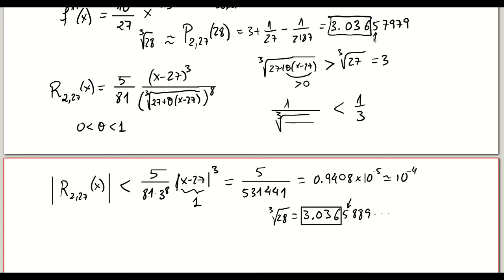It could be tainted, because the error is affecting almost the fourth figure, right? But it's not. So we have at least these four figures correctly, and in this particular case, we also have the next one as well, right? But at least we are sure about these four. Okay, so this is how you use this kind of thing for approximations.